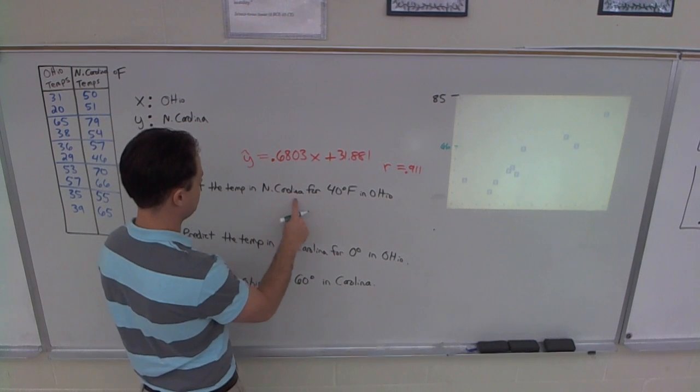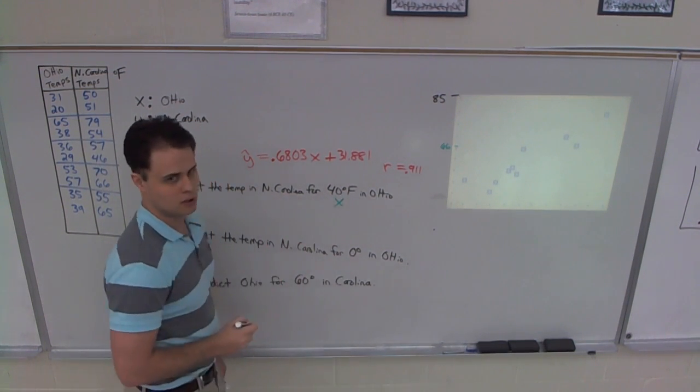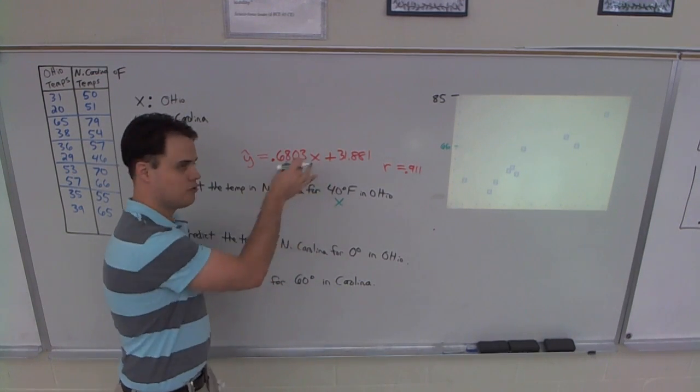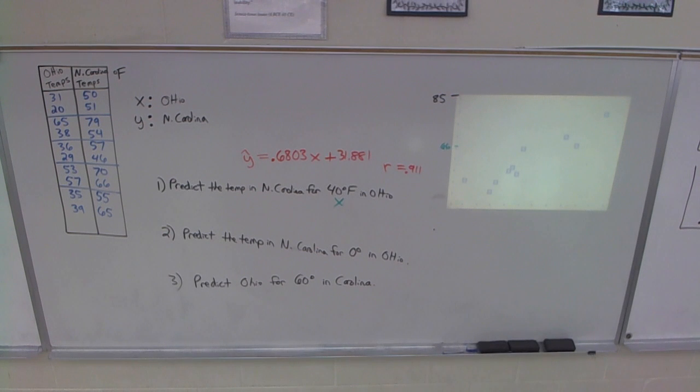Predict the temp in North Carolina for this in Ohio. This is in Ohio. This is an x. Label it. So all I've really got to do is stick it in for x and be done. I'm just going to do that on my calculator. Yeah, super simple here. So I'm going to go 0.6803 times 40 plus 31.881. There we go.